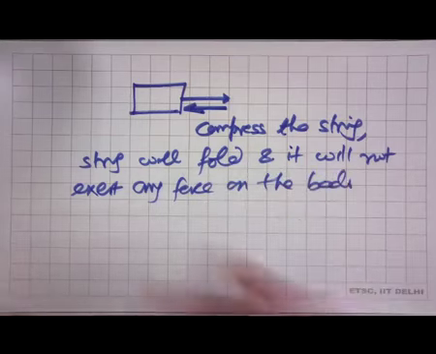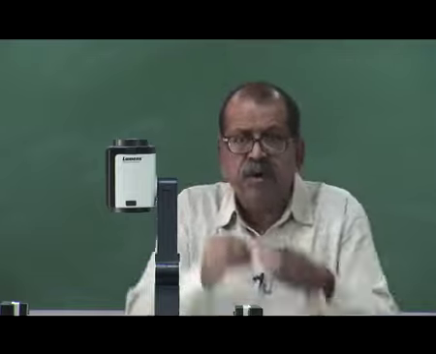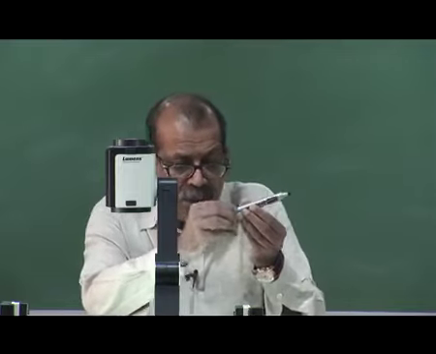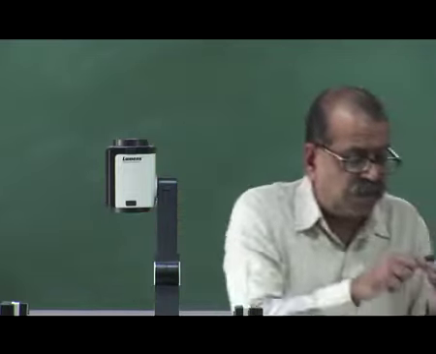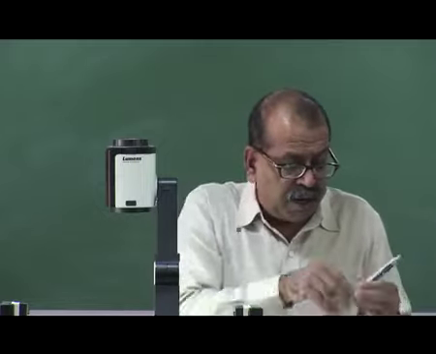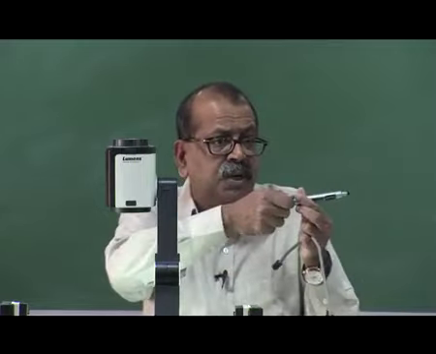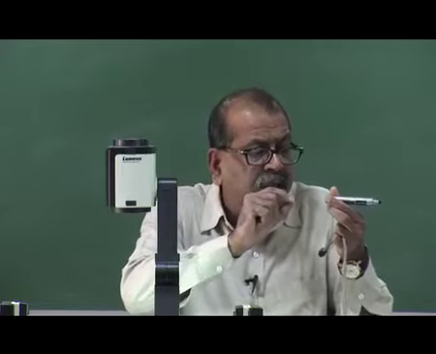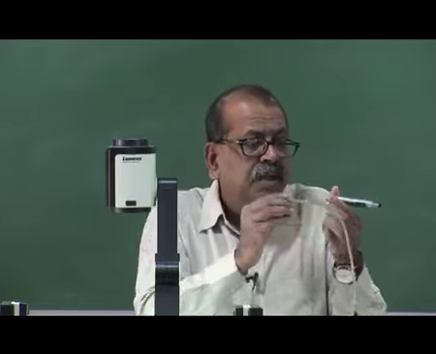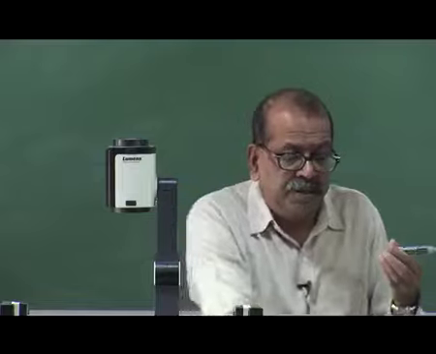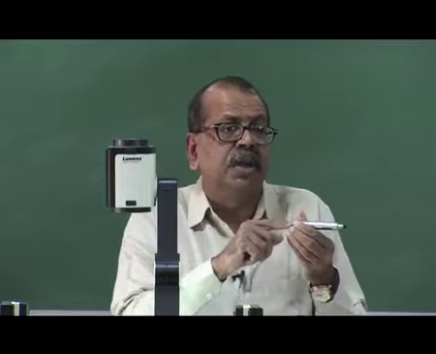So, this is very clear, we have seen this. If you have a body like this, you tie it to a string and pull it with the string, then a force is exerted on the body. But if the body is lying like this and I push the string, then the string will just crumple, it folds up and it cannot exert any force.